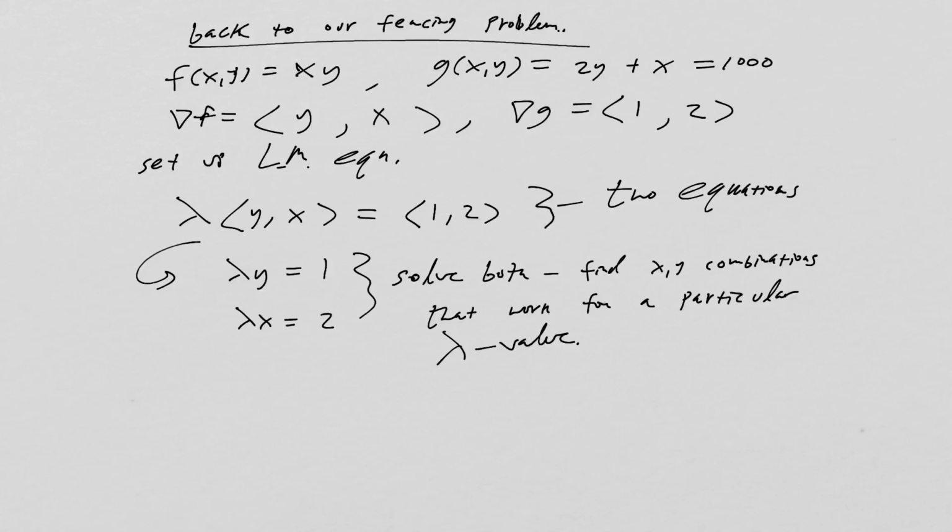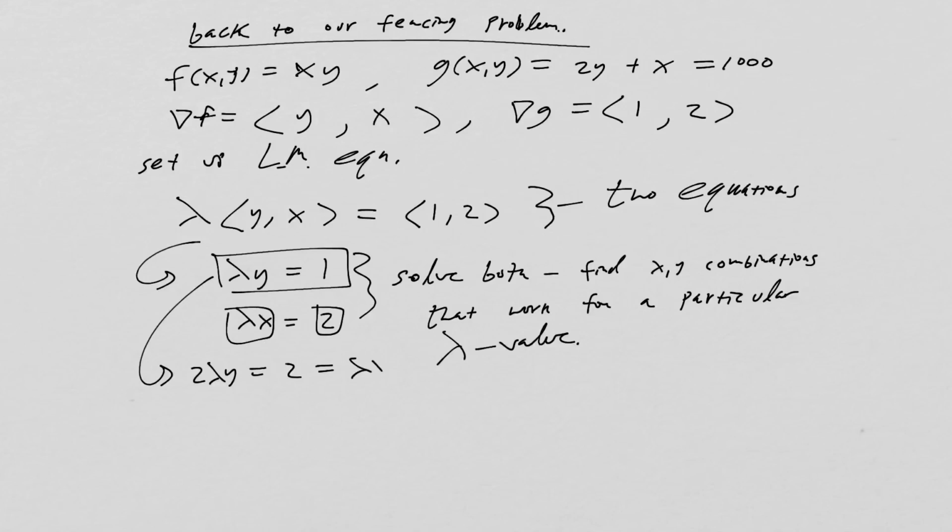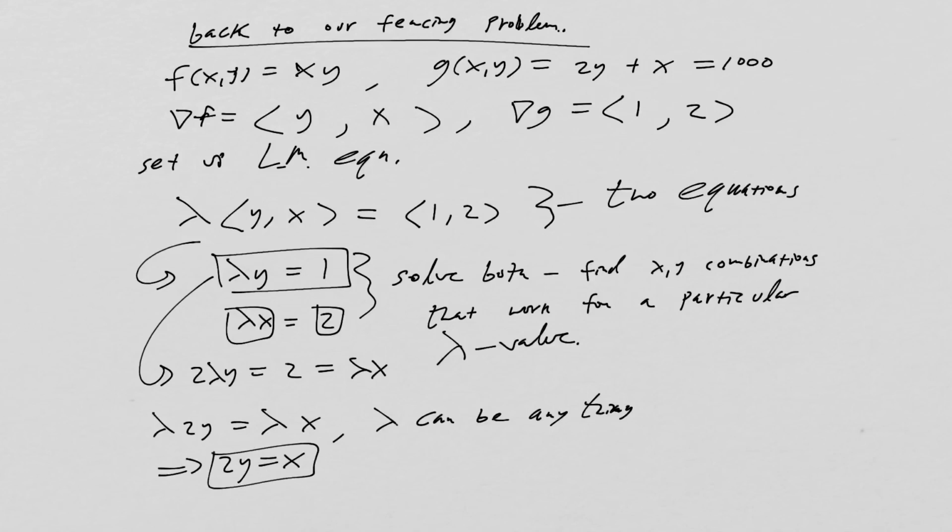One way is, we know that lambda y is equal to 1, so we can say 2 lambda y is equal to 2, and we know that is equal to lambda x. That means lambda times 2y is equal to lambda x. So lambda can be anything in this particular case, and what we get is 2y is equal to x.